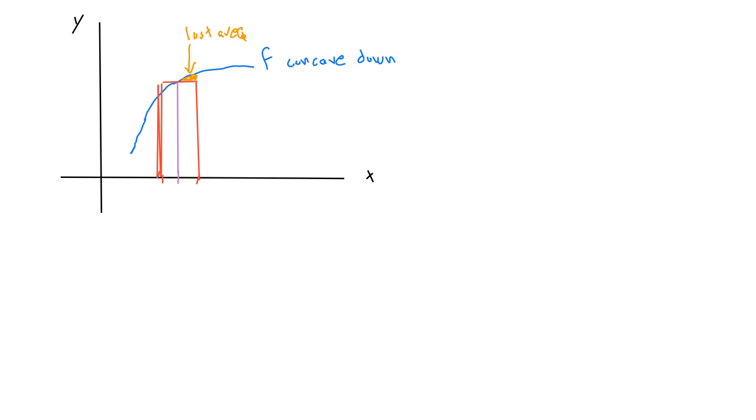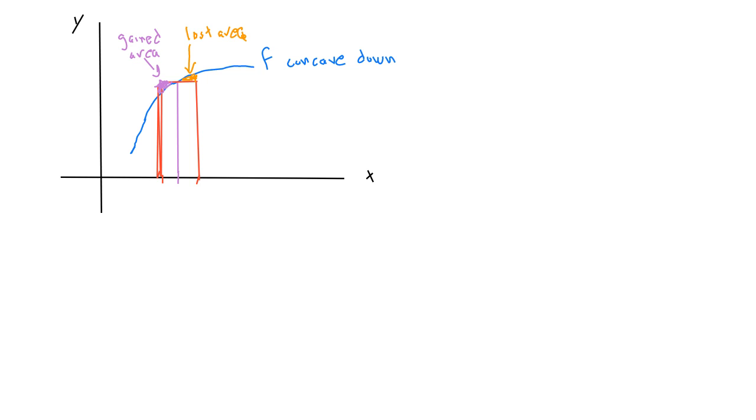This area here, it's not perfect, but this here is gained area, right? That's area that the midpoint rule includes. And then the yellow area is area that we want, but the midpoint rule doesn't capture that area.